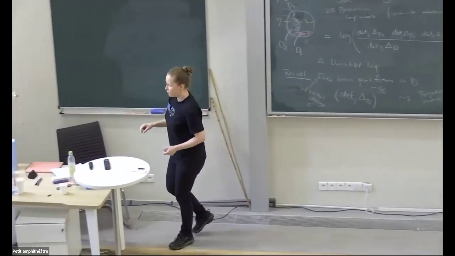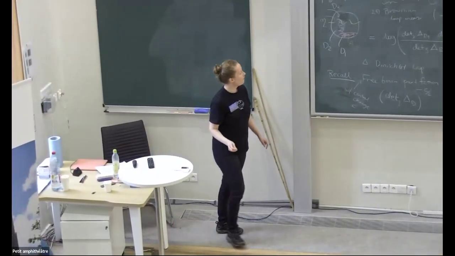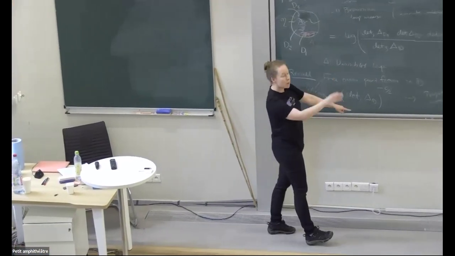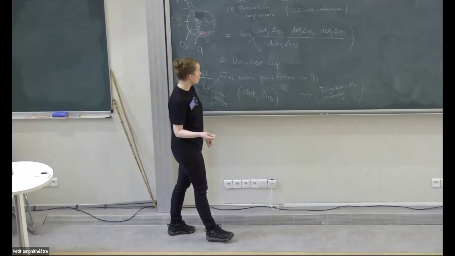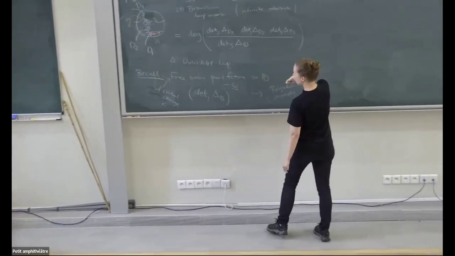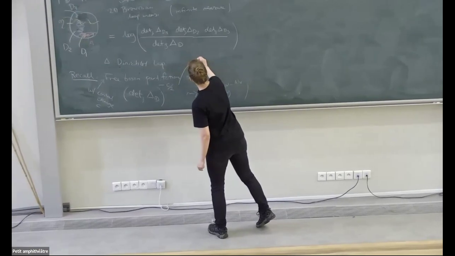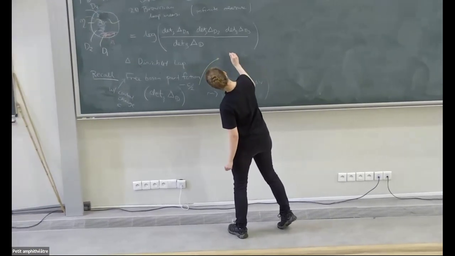And if you do this kind of stuff, you always want to have a determinant line bundle, right? And here is a section of that line bundle. How to call it? Yeah.